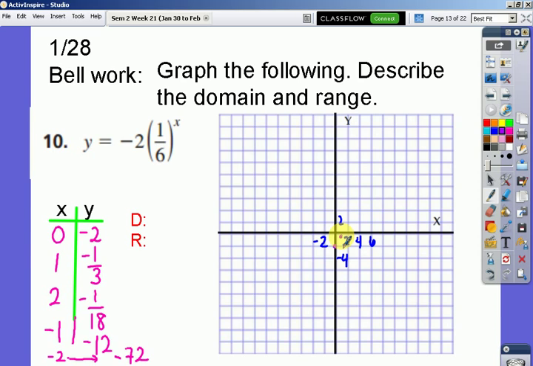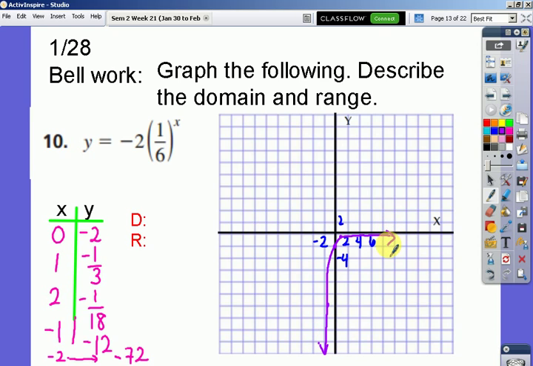I'm not going to graph that. -1, -12. Something that looks like this.